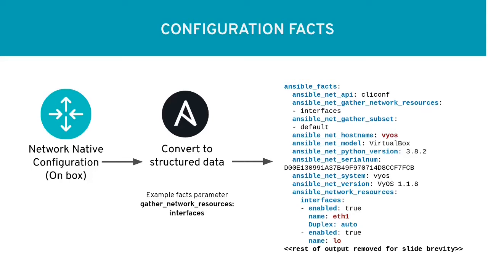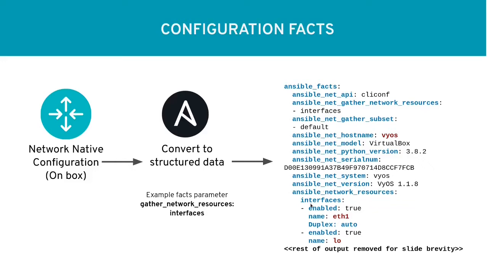Okay, so you could see how Ansible is fetching an on-box configuration and putting it in a structured format, that is, key value format. We have the Ansible facts key here having certain keys like ansible_net_api, which is cliconf for the network CLI connection, and ansible_net_gather_network_resources. In this example, we are gathering interfaces specific resource module facts, and you could see the basic facts here as well, that is hostname, model, serial number, system, version.